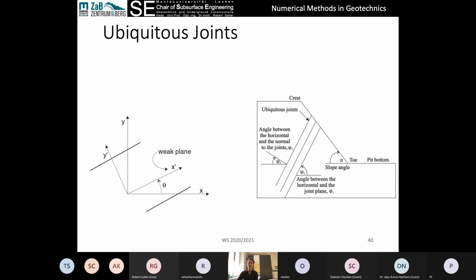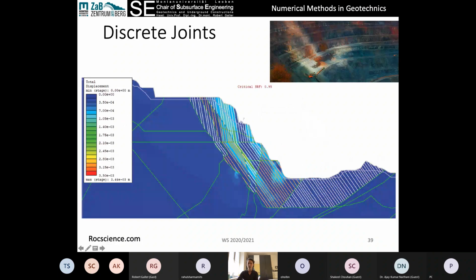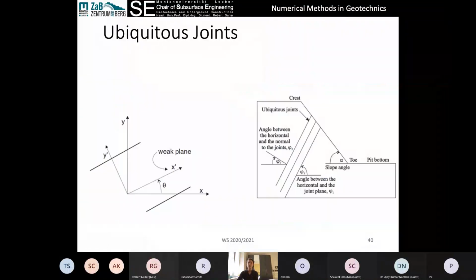So that's different from this type of model where we can actually demonstrate shear deformation on a discrete location, a very specific location. This model will not do that. But it is still an important method and a very rapid method for seeing if joints are an important component of the behavior of our material.